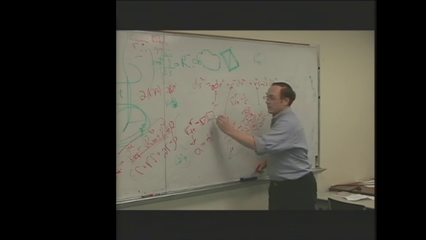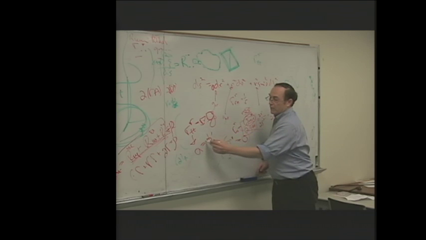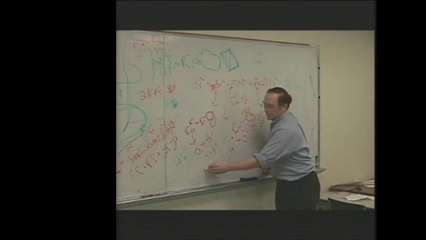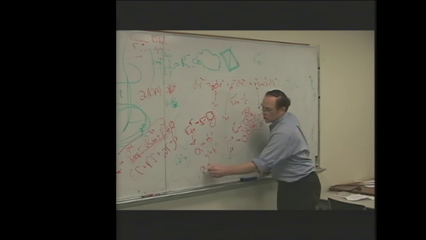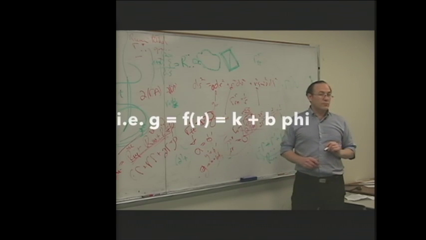And in fact, g is the symbol for the metric. We'll expect that grad g is grad phi, or g prime is phi prime, which means that if we integrate it out, we'll get g is equal to some constant a plus b phi. Okay?